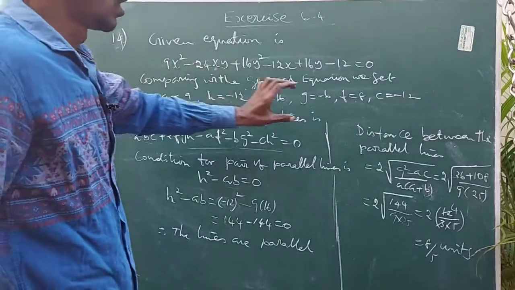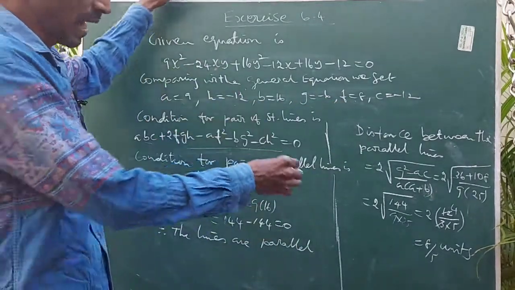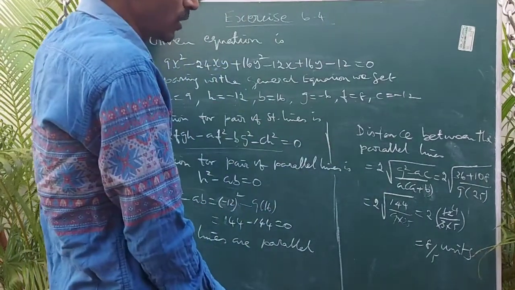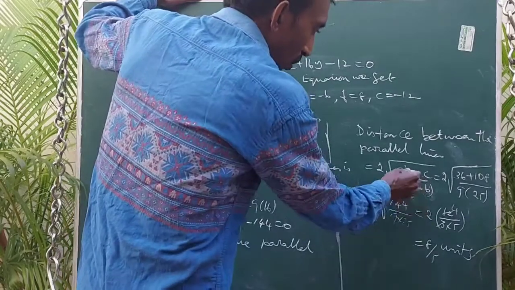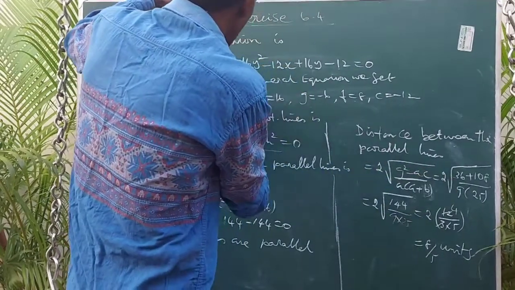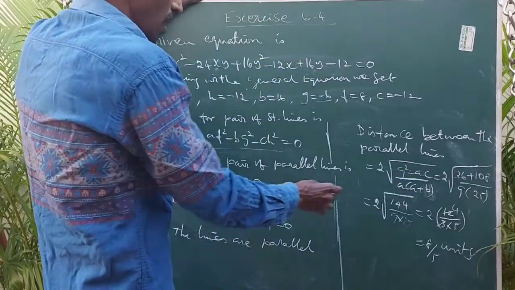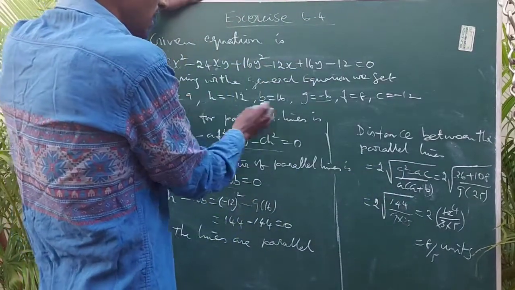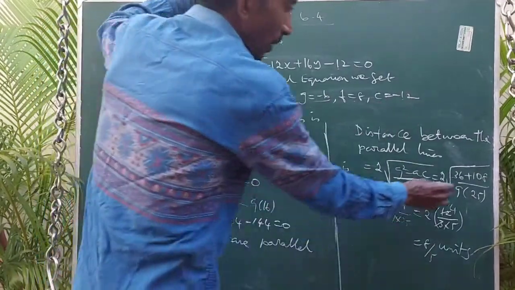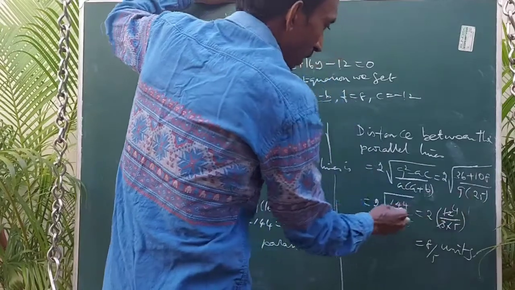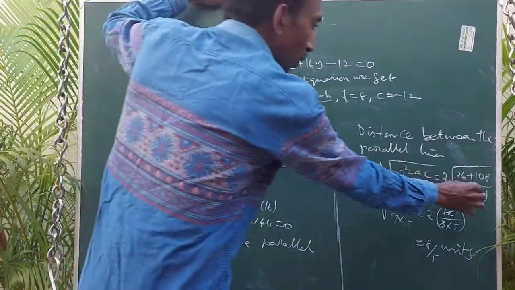My dear student, to obtain the distance between the parallel lines, you can use the direct formula 2√((g² − ac)/(a(a + b))). So put the values: 2 into (−6)², that is 36, minus 9 into −12, so it becomes plus 108, divided by a, which is 9, and a + b is 9 + 16, 25.